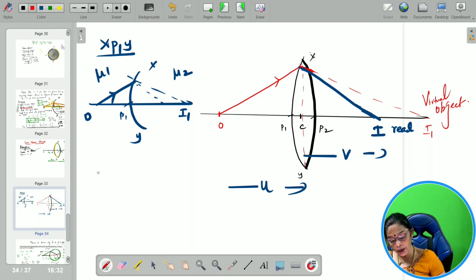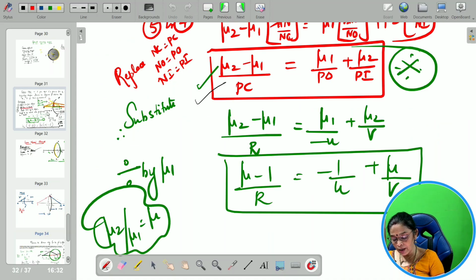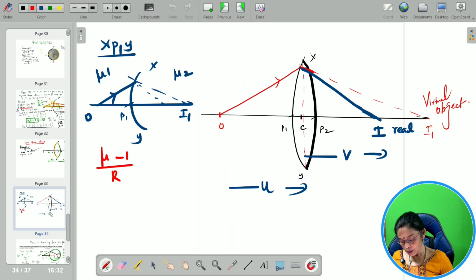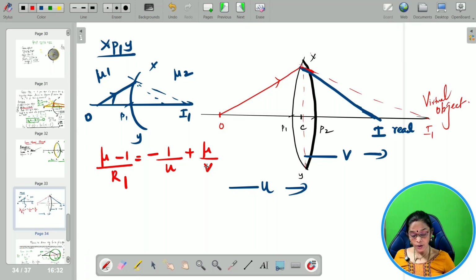So I am writing mu minus 1 by R is equal to minus 1 by U plus mu by V. Same thing here: mu minus 1 by R, R is nothing but R1, is equal to minus 1 by U plus mu by V. V is nothing but V1, so mu by V1.